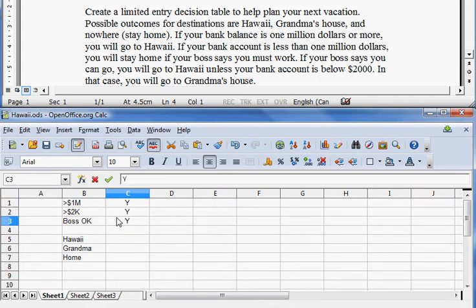Yes, yes, yes, yes, no, yes, yes, yes, no, yes, no, no. So we have 4 columns of yes, no, no, yes, no, yes, no, and finally, nope, not finally, hold on, no, no, yes.